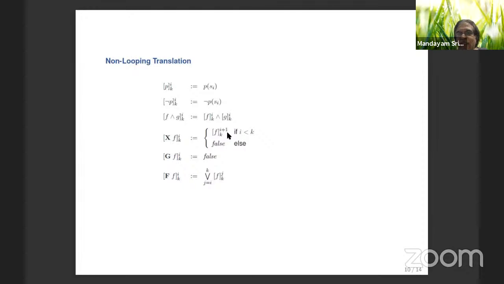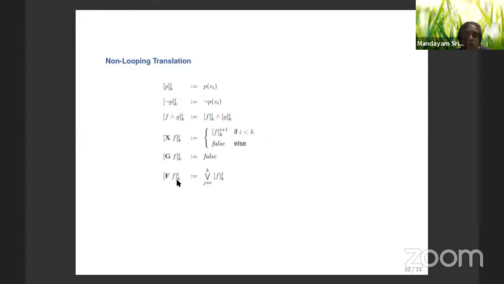Because if I is less than K, then you know that there is enough headroom on your K-long path to determine it. Otherwise, it is false. So G F I K is always false for a non-looping path, assuming that this K-long path is non-looping.